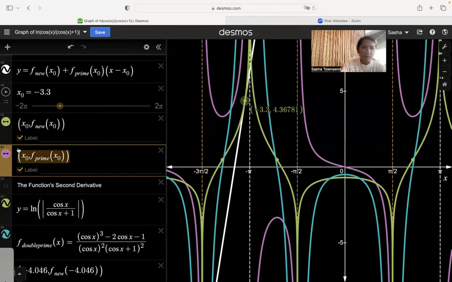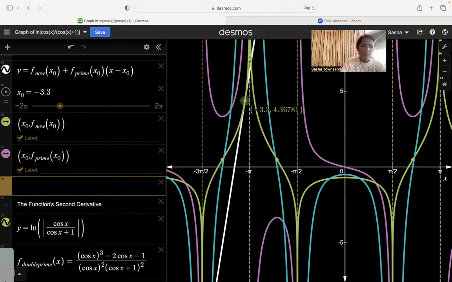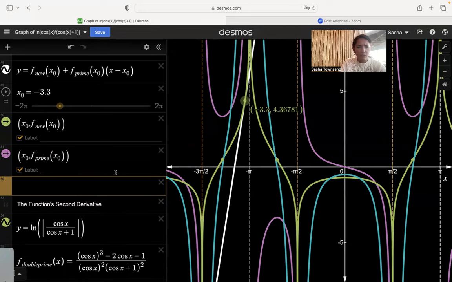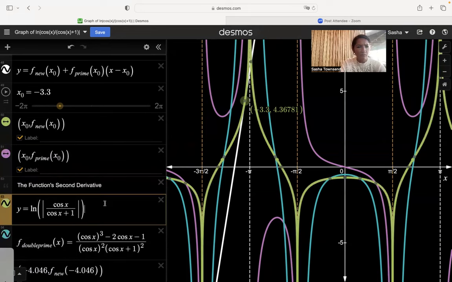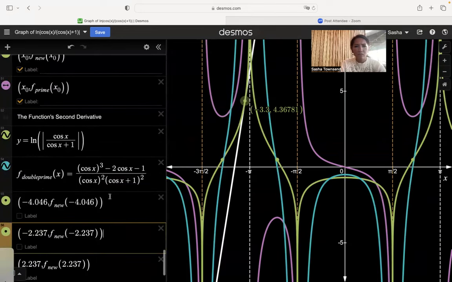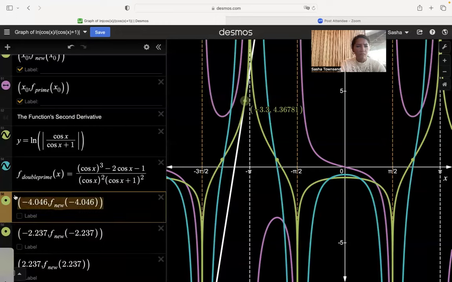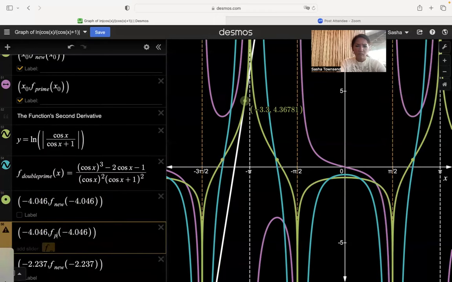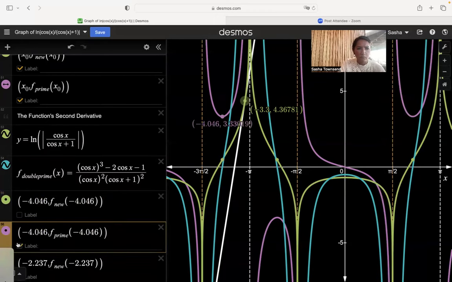So we graphed f prime at that x value. Do I really want to do that? I think I just want to do it at the point of inflection. So that's the minimum of the first derivative.